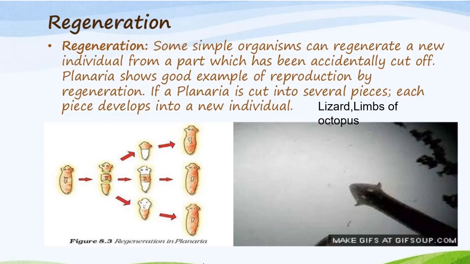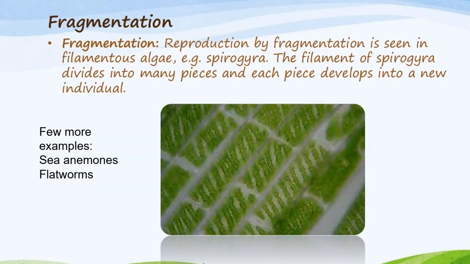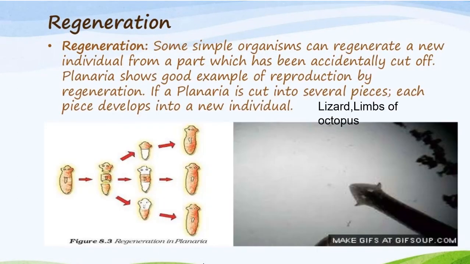Then the next question which arises in my mind is, why are there 2 different methods, fragmentation and regeneration? Because in fragmentation also the organism was dividing into pieces and a new organism was formed, and in regeneration also it is the same.